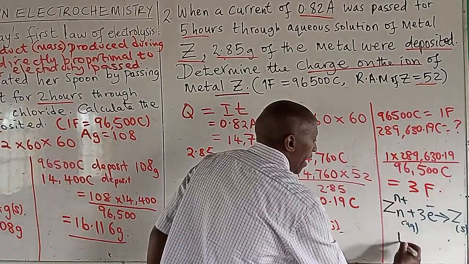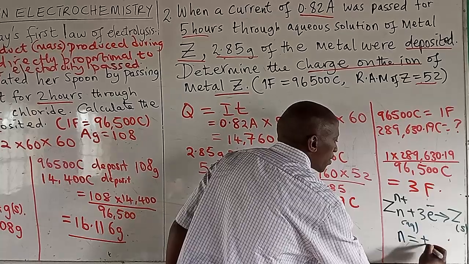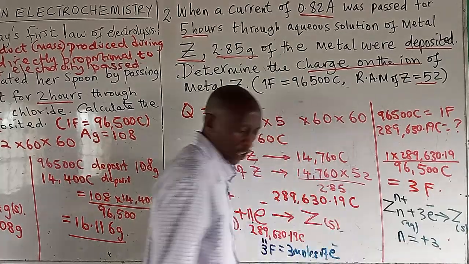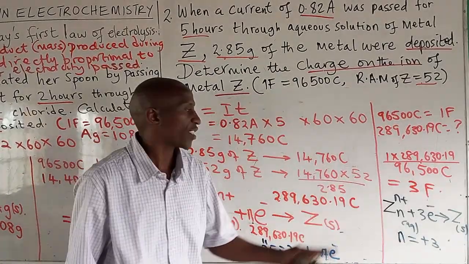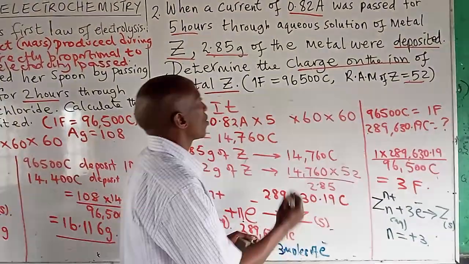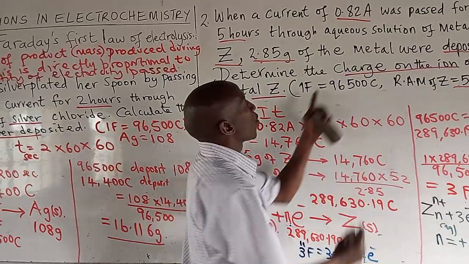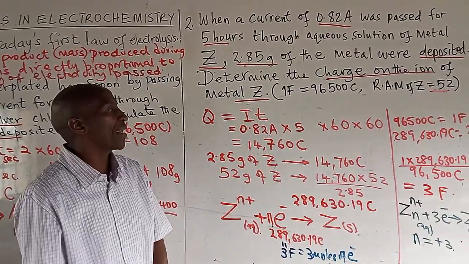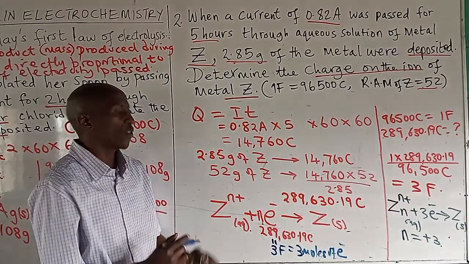That means n is equal to positive 3. The charge on Z is a positive 3. And that is what we are looking for. We are required to determine the charge on the ion of metal Z.